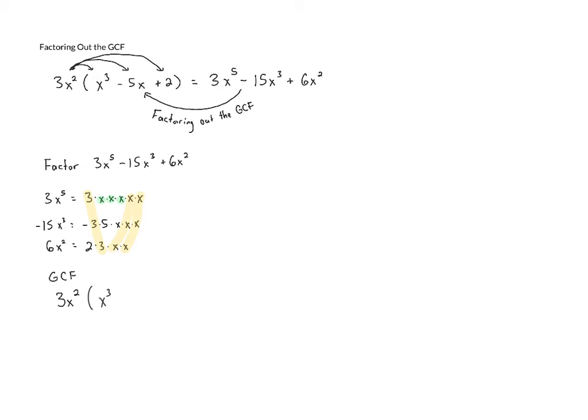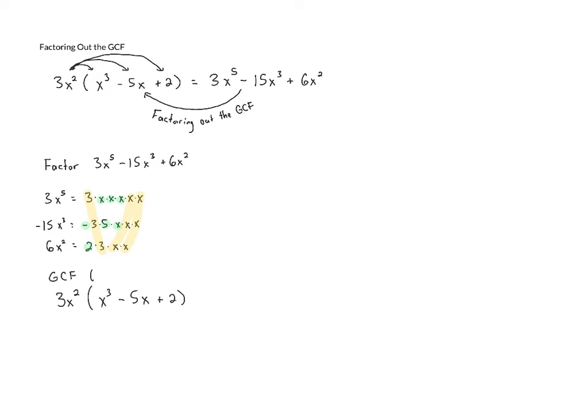Then the leftovers in the next term are going to be negative 5x, so minus 5x. And in our last term, the only thing left over is the 2, so plus 2. And this is exactly what we had up here, so we know it's correct.